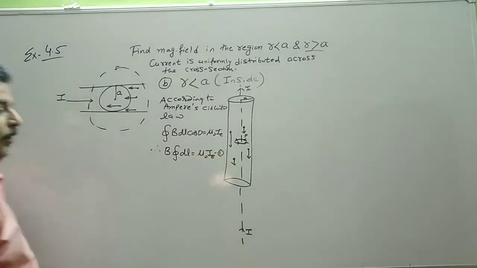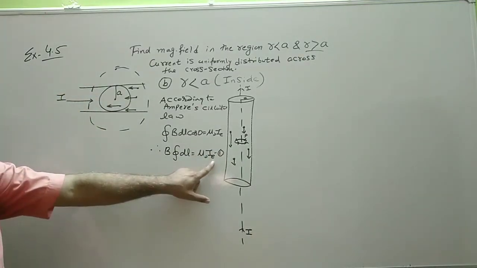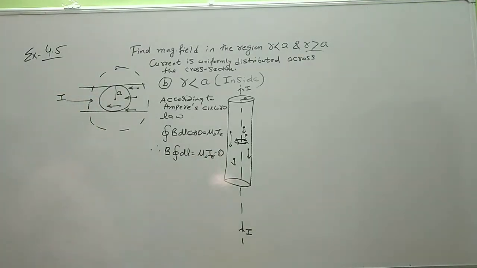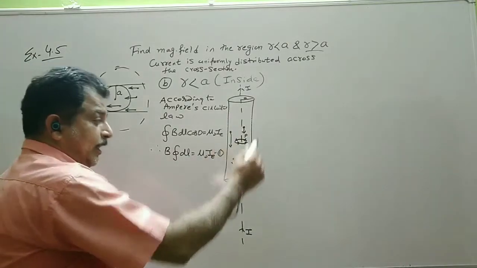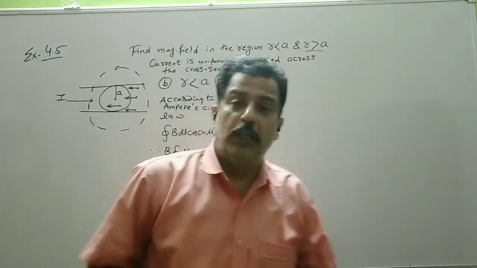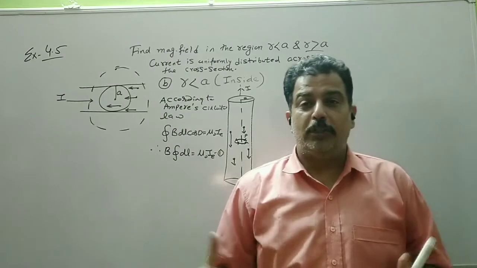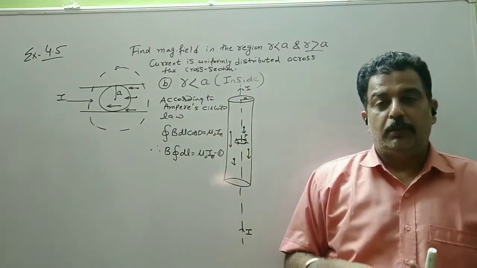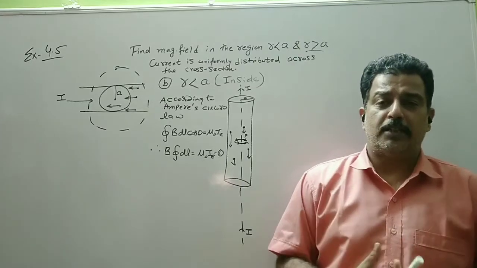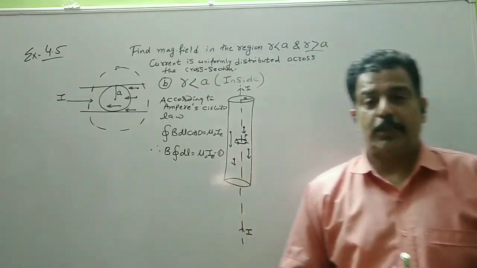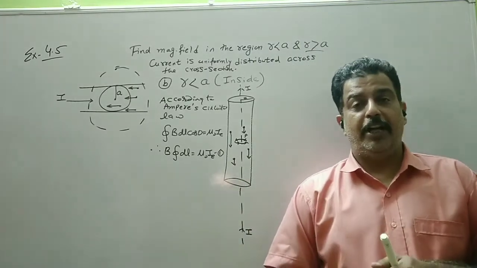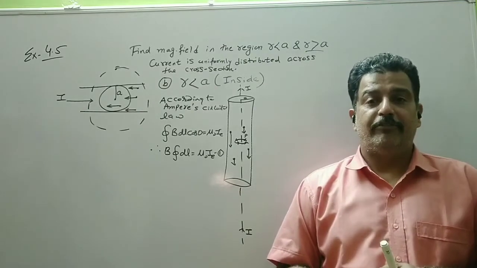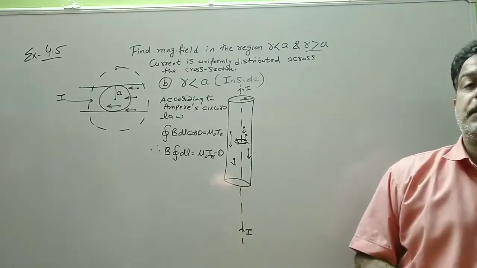Equation number 1. Now I have to find out I_E, the current enclosed, because at a microscopic level all the charges will not be passing through the Amperian loop. So only some electrons or few charges are flowing through this cross section, so the magnetic field intensity would be different at this point.